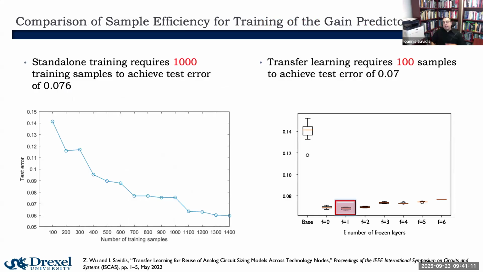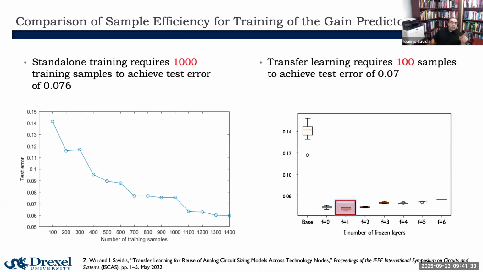So by plotting the test error against the number of training samples, we see a downward trend, which is what we expected. And when you're looking at these two graphs, with transfer learning it only requires 100 samples, while a standalone training requires 1,000 samples to achieve the same model performance.